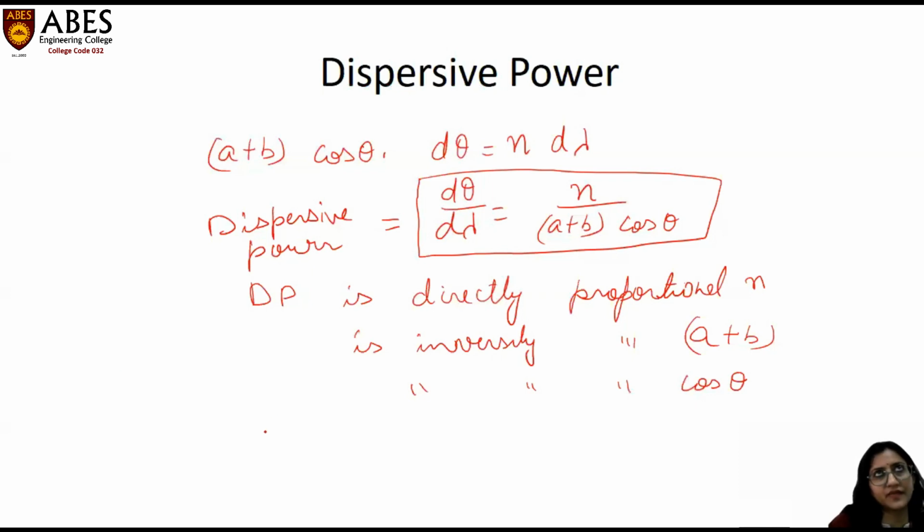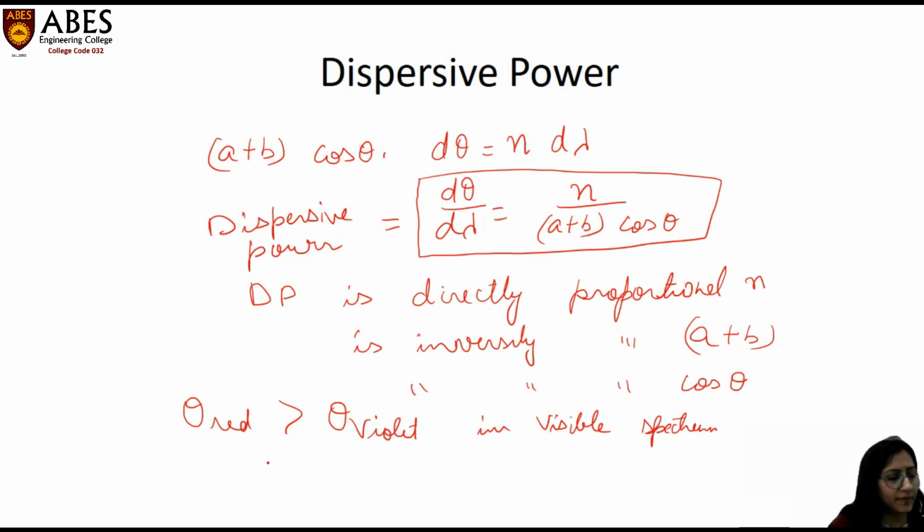Now, if we compare this dispersive power for white light, from violet to red, from the visible spectrum, theta for red is greater than theta for violet light. So the dispersive power of the red region will be higher than the dispersive power of the violet region.